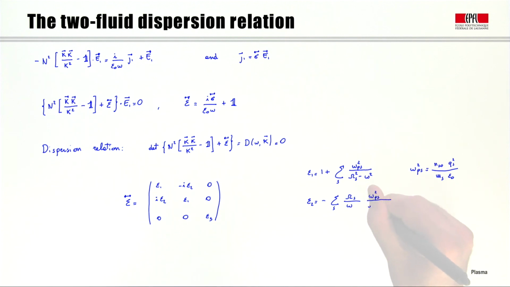Epsilon 2 is equal to minus the sum of the cyclotron frequency over the frequency of the wave, times the plasma frequency squared divided by the difference between the cyclotron frequency squared and the frequency of the wave squared. And epsilon 3, finally, will be given by 1 minus the plasma frequency squared divided by omega squared.